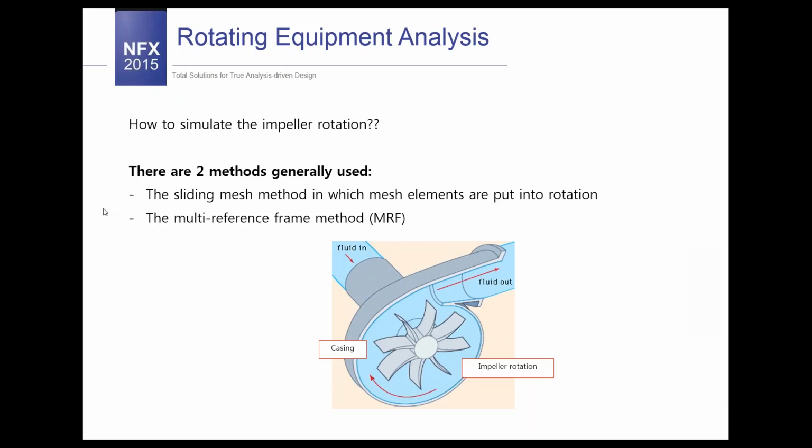So we actually have two methods that are used to simulate this kind of analysis. The first one is called the sliding mesh method, in which the mesh elements are put into rotation. And then we have the second method, the multi-reference frame method, also called MRF.